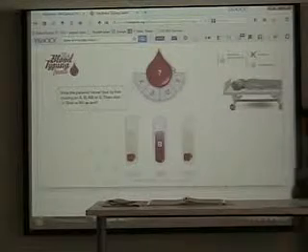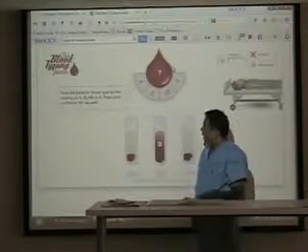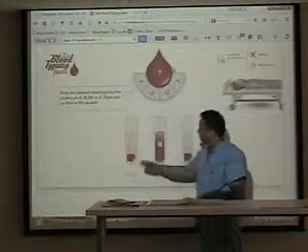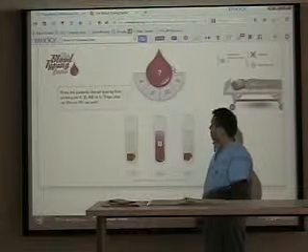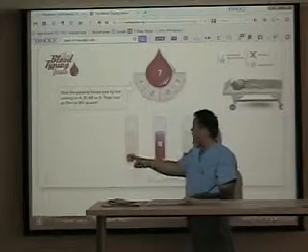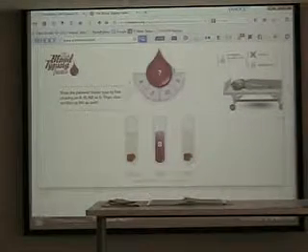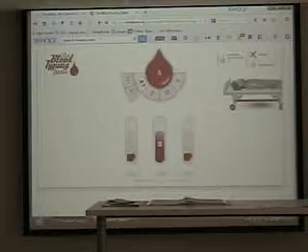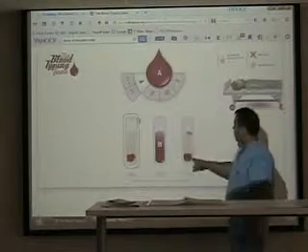So, again, we look at AB first. Is there a reaction in A? Yes. There's clumping, there's agglutination. Is there a reaction in B? Nope. So there's got to be A antigen present. So the ABO blood type of that particular patient is A. Now, do I have clumping in RH?